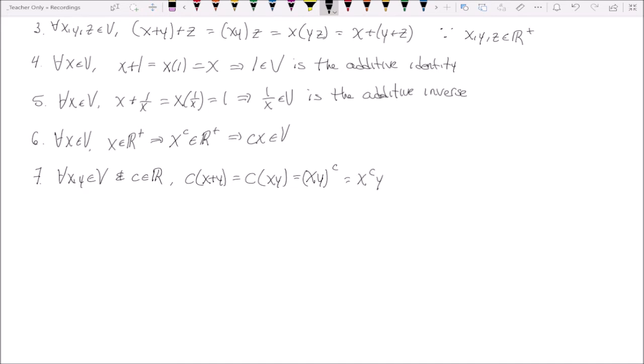Right, that is x to the c, y to the c under standard rules of exponents. But that is cx times cy, which by definition is cx plus cy. And this is because, again, x and y are positive real numbers.